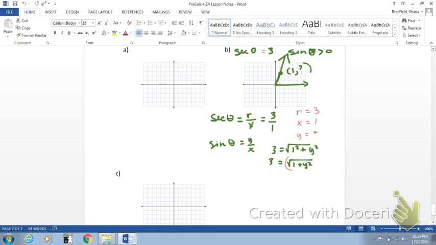You want to square both sides. And that's 9. Subtract 1, and so we get y squared equals 8. And then when I take the square root, I know that I want y to be positive, so I'm going to look for the positive form of the square root of 8. And so y equals square root of 8 or 2 square root of 2.